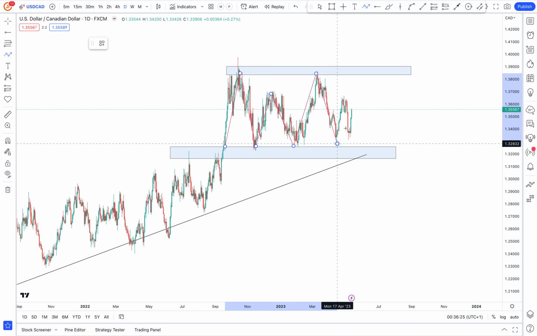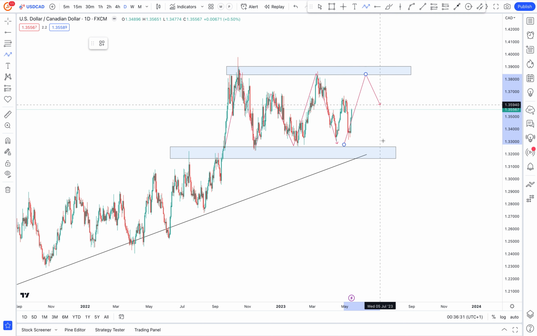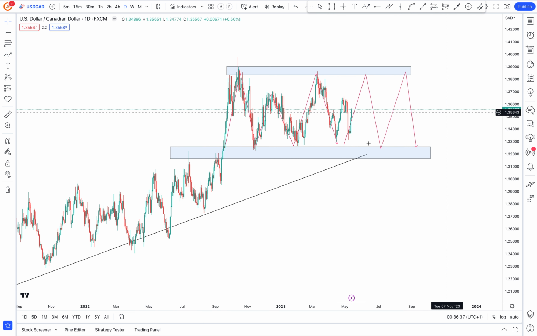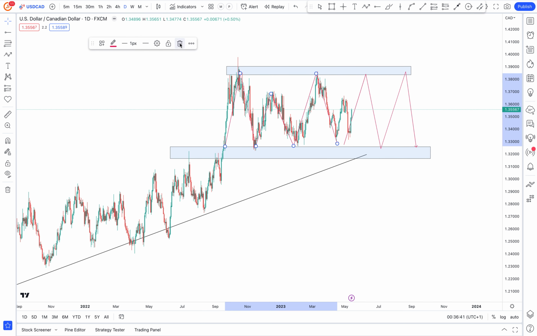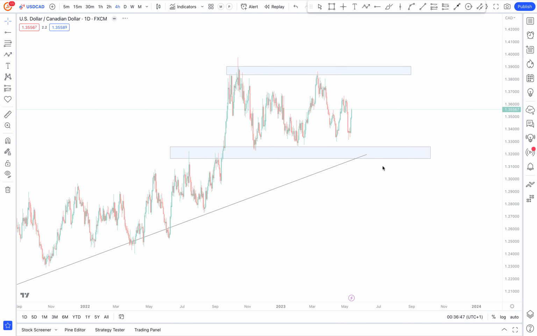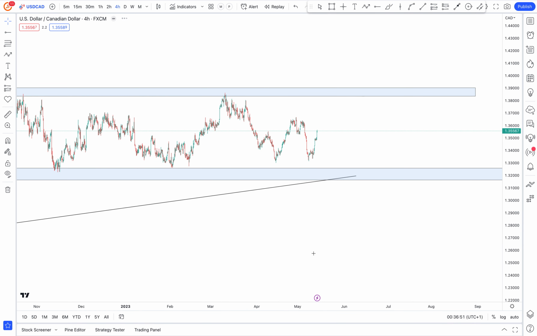So I'll be expecting price to push back up to the zone and then continue this sort of consolidation on USDCAD. I'm expecting price to continue this consolidation for a while.